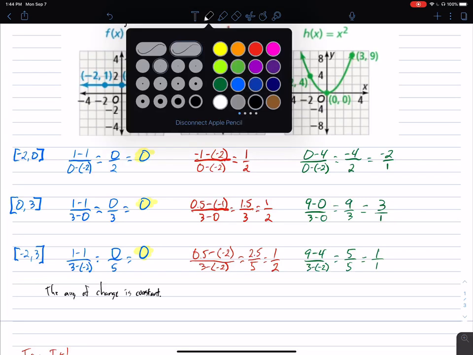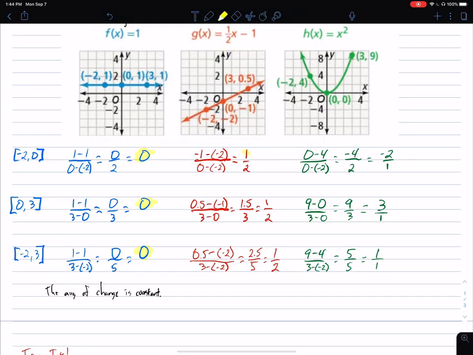And if I look at this red one here, I have 1/2, 1/2, and 1/2. Now, again, the average rate of change is constant. Since it's constant, that tells us we have a linear function.